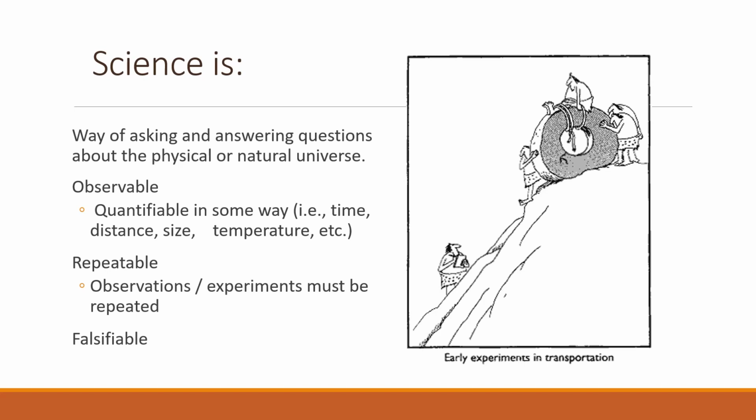Science is going to be falsifiable. This means that the question has to be able to be tested and proven wrong. Like we have to be able to say our initial thought was wrong. Our initial belief that we were testing is wrong.